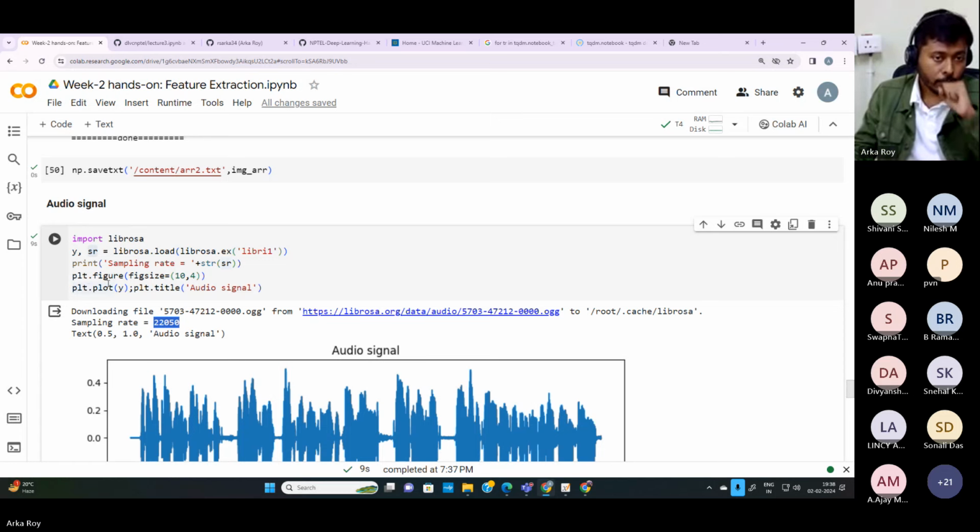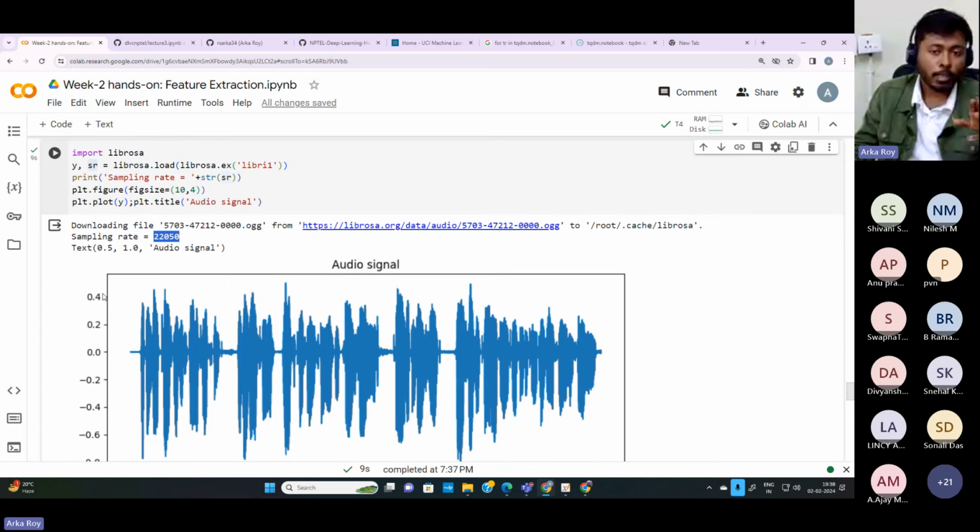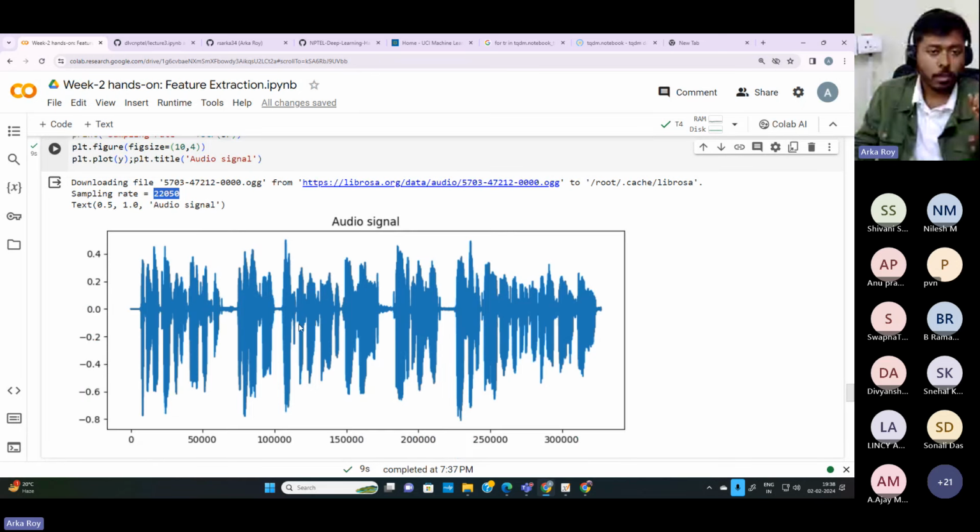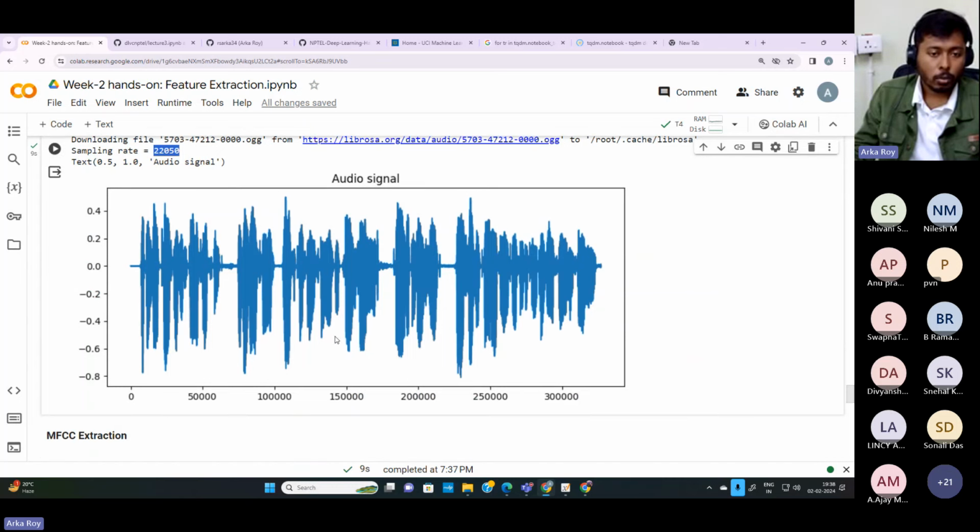And now you are plotting the signal over here. This is the shape of the audio signal. You can write the title and so on. We have almost 350,000 data points over here.